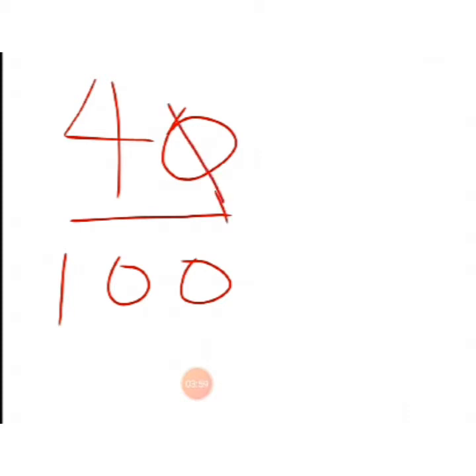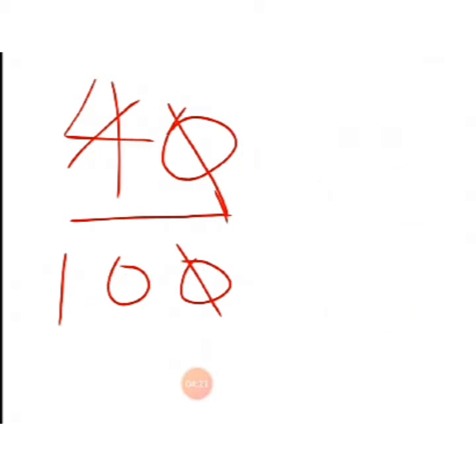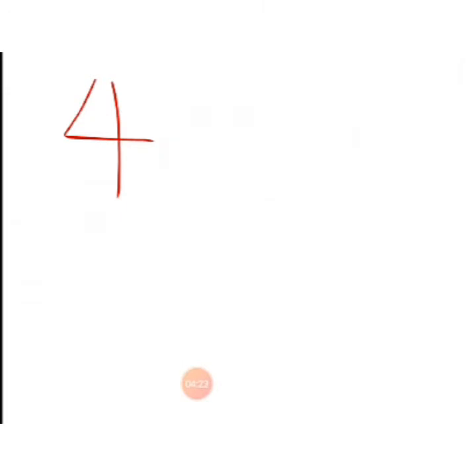The numerator cancels the denominator. You're left with 4 over 10. 2 goes into 4 gives us 2, and 2 goes into 10 gives us 5. So to reduce 40 over 100 to the lowest term, we have 2 over 5.